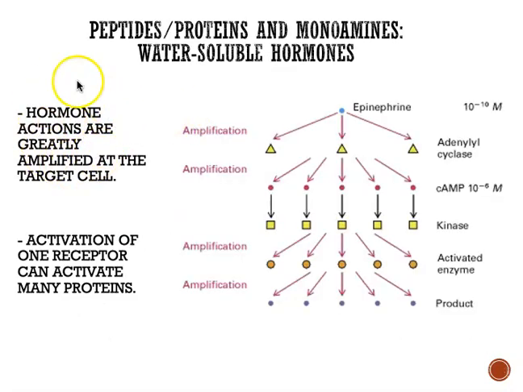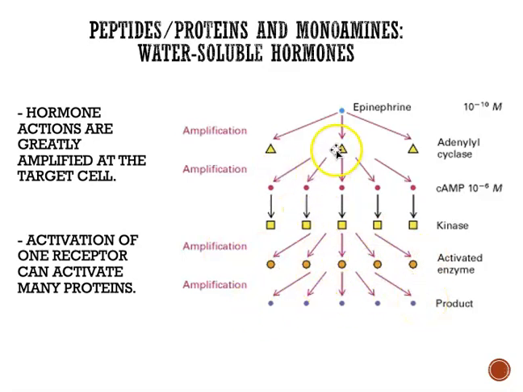So again, one receptor can activate many proteins. So that's what you're looking at here. So here, for example, is an example of epinephrine. In the very first step, it gets amplified, and then each one of these triangles will go on to amplify once again, and then each one of these kinases, and I don't expect you to memorize this, but just understand each one of these boxes goes on to activate multiple enzymes, and then each one of these will go on to have an effect on many products, right?